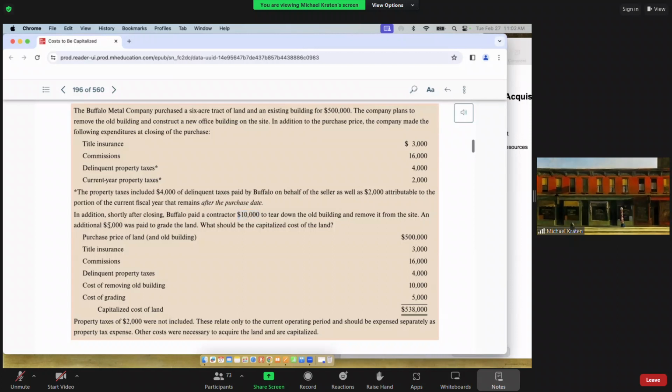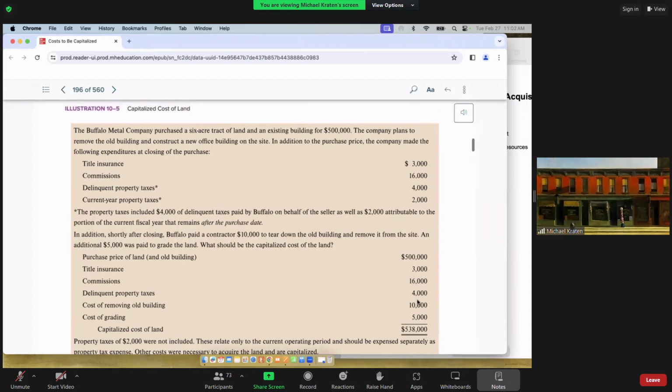And so here's an additional cost to get the land ready so that you can use it. And then here's yet another additional cost to prepare what you are buying so that you can use it. Well, if you need to spend the money so that you can use what you are buying, it is added to the cost. That's why the 10 and the 5 are added there.